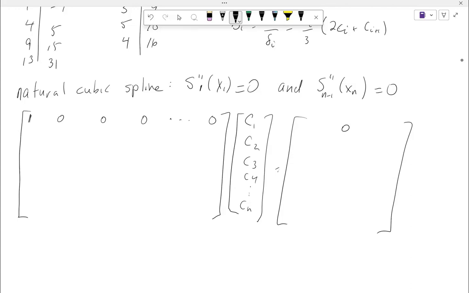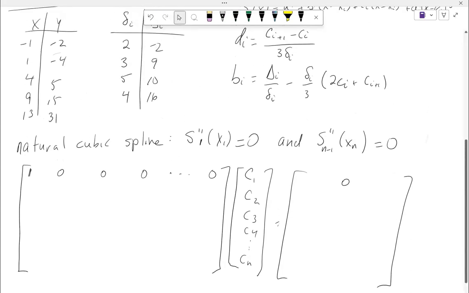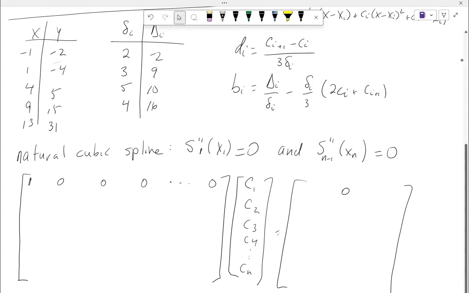To help us solve these things, notice, for example, let me go back up here. Notice your B sub i and your D sub i are in terms of the next C, right? So to calculate the very last B and the very last D, we need an extra C on the end. So there's a dummy C on the end, if you will.